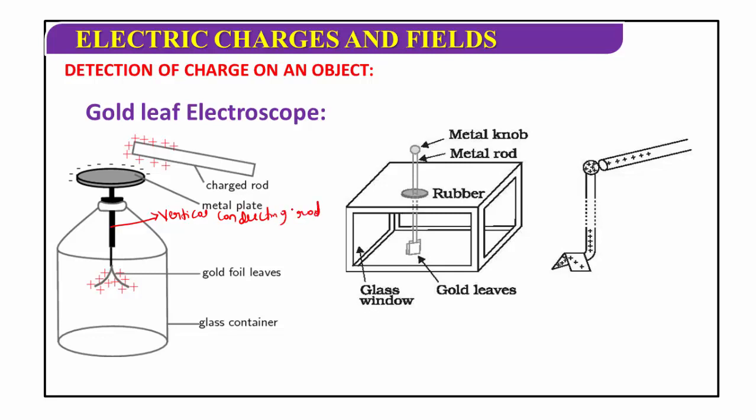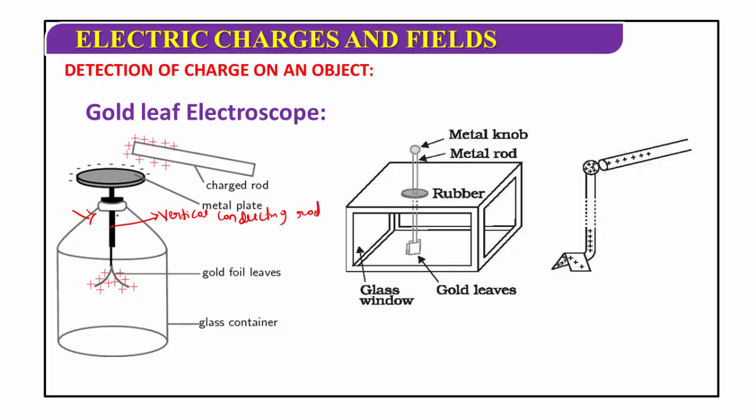Gold leaf electroscope means it is a device used to detect the electric charge. It is an instrument used to detect the charge on a body. Here, this is the rubber stopper and this is the glass vessel.